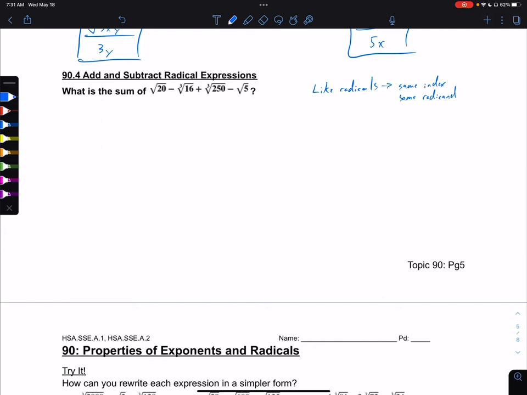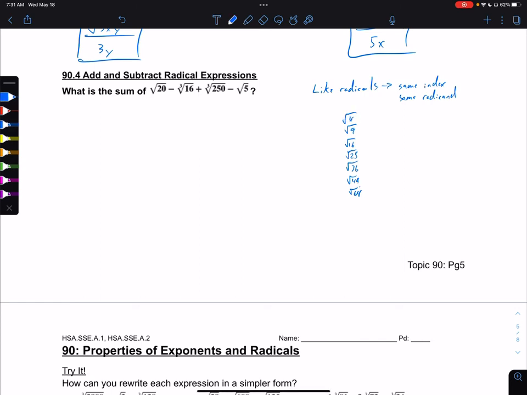The square root of 20, we want to look at our perfect squares. So we have things like 4, 9, 16, 25, I'll keep going, 36, 49, and so on. I'll throw in 64 there too. So the square root of 20 is divisible by the square root of 4.